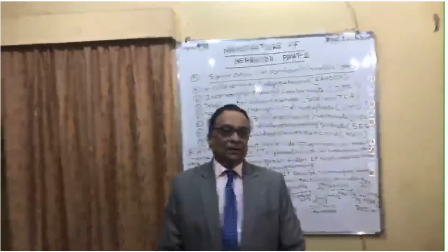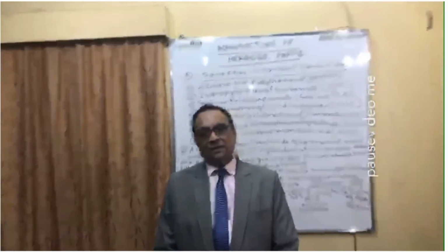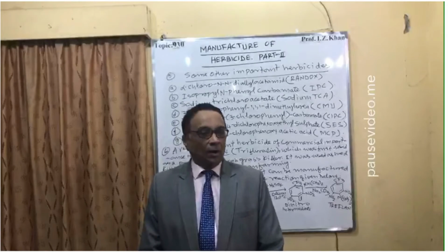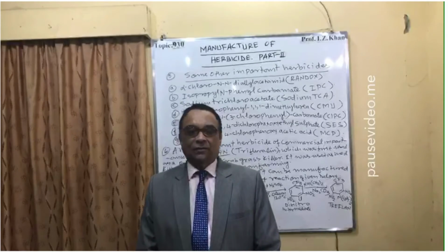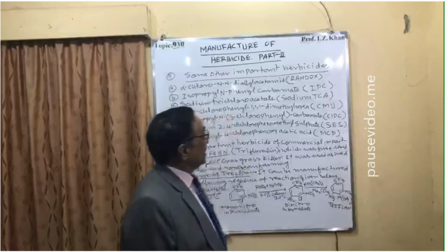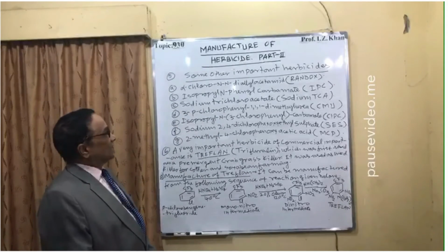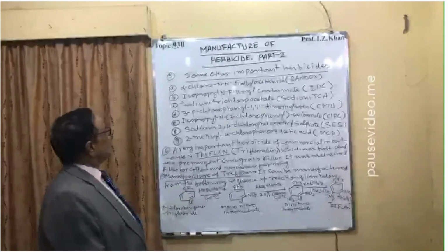So number 5, I have given some very important herbicides, and out of all these, Triflon is one of the most important, and they are here. So number 5, some other important herbicides.